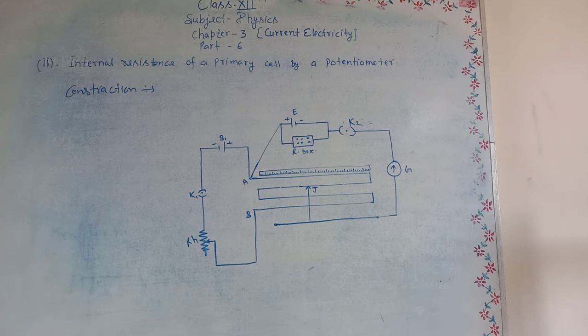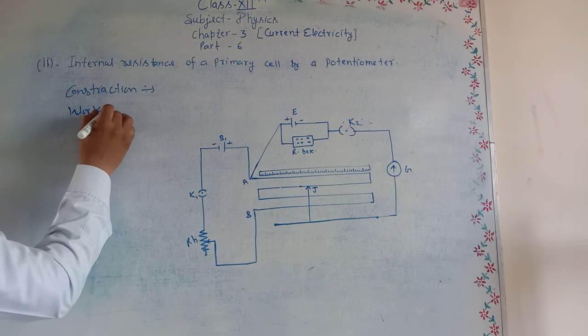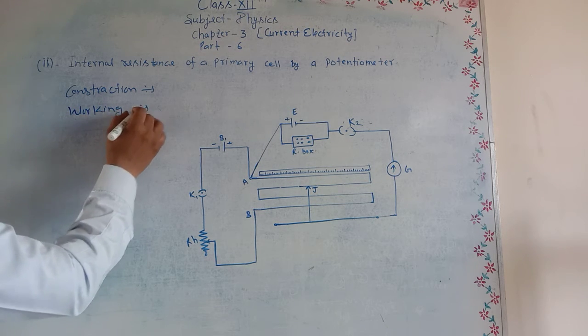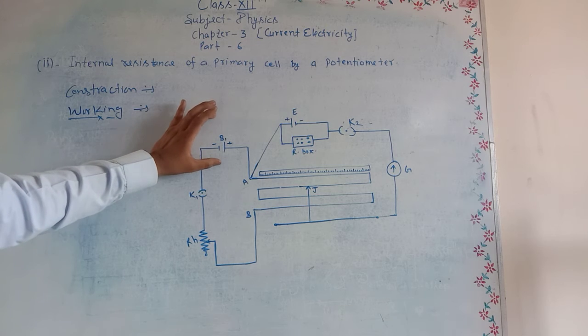Then the working: how can we determine the internal resistance of a cell by the potentiometer, the circuit diagram as shown in the figure. Okay, students.